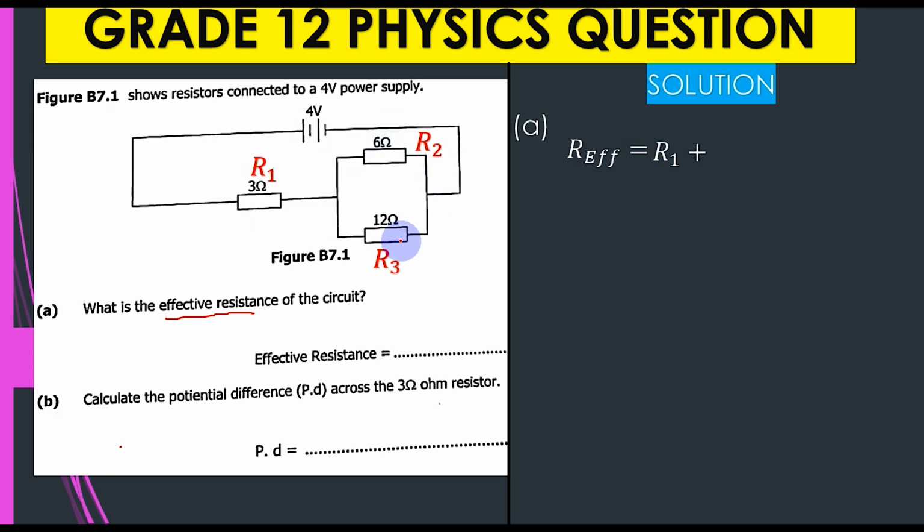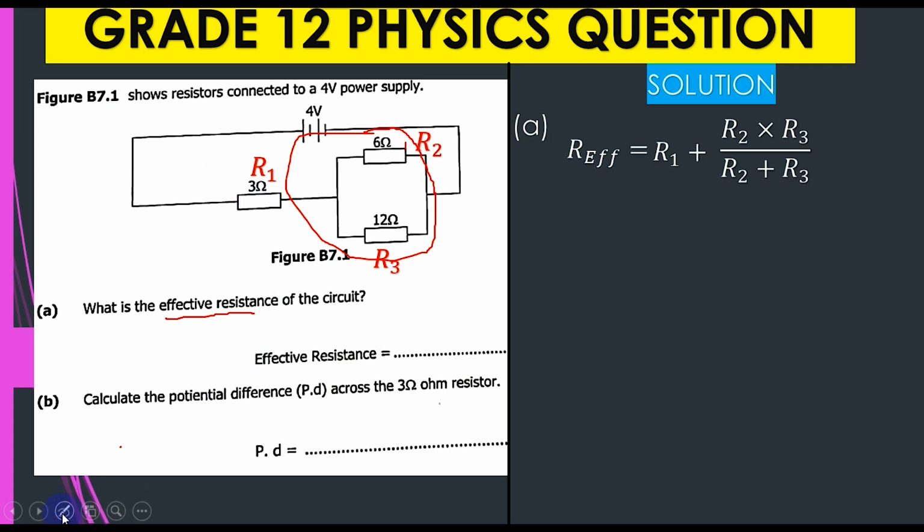When you're dealing with resistors that are in parallel combination, if they are just 2, just multiply the 2 resistors and divide by the sum. So I'm going to multiply R2 times R3 divided by the addition of those 2 resistors. That's if they are in parallel and they are only 2. Why I'm doing this, I want to form one resistor here, then I'll add it to the 3. That is the trick there.